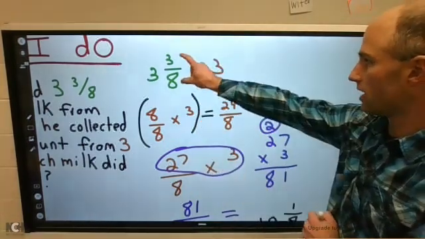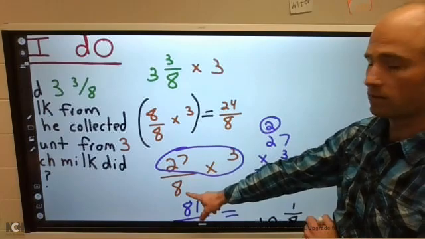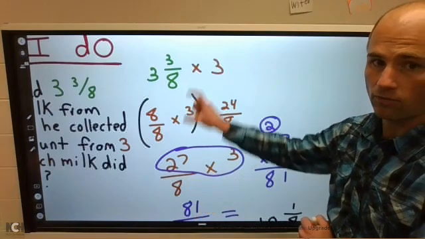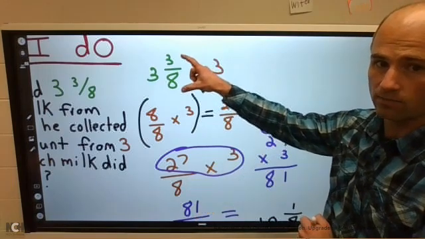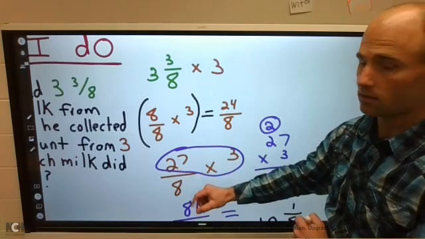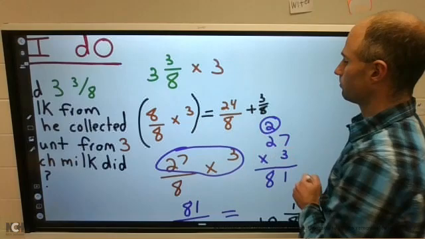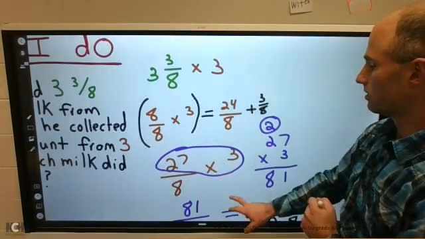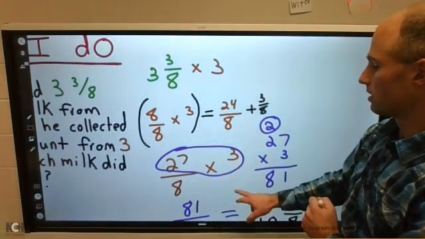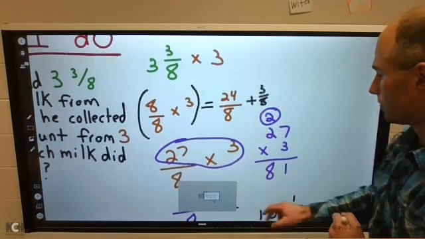We're going to add the 3/8 to get 27/8. Don't forget that fraction of 3/8 there. I'm going to add it to 24 to get 27/8. Times that by 3. Whew, I'm going to be at a huge number.